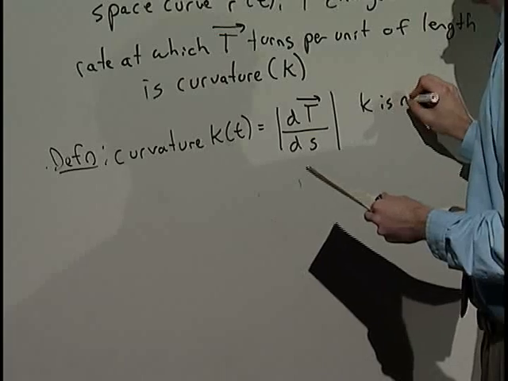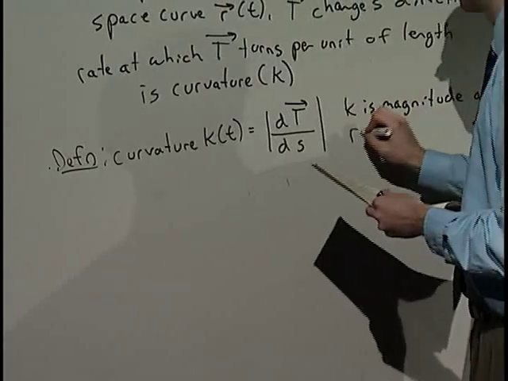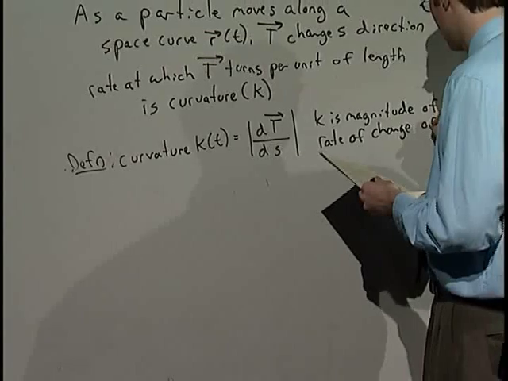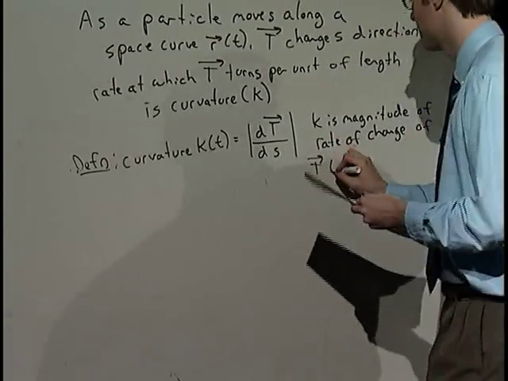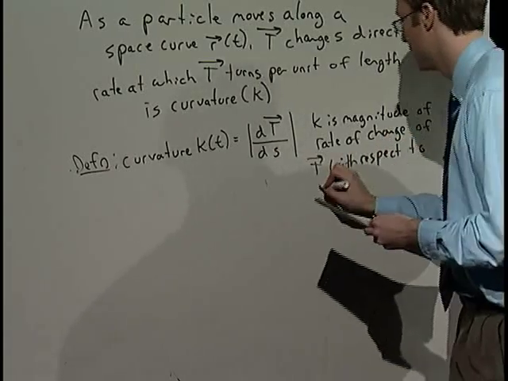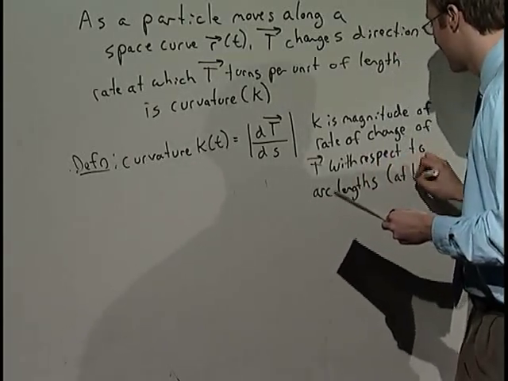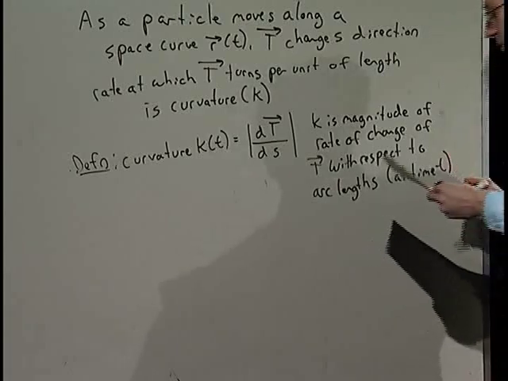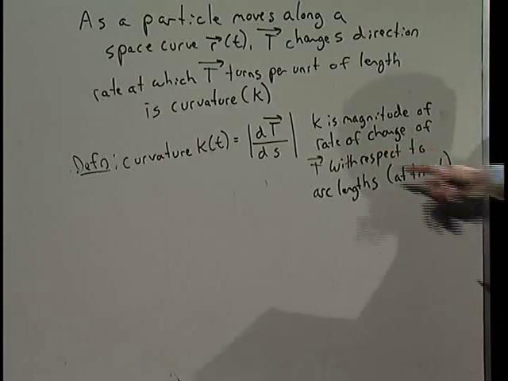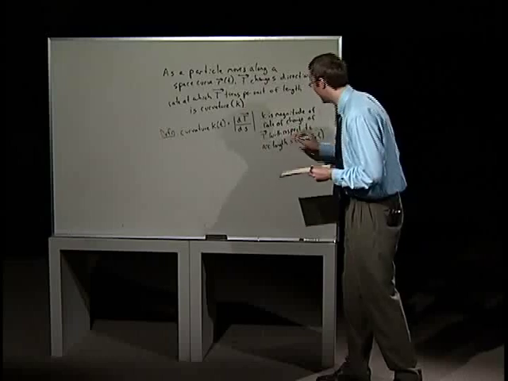Therefore, K is a magnitude, or a length, of the rate of change of T with respect to, remember S was arc length S at time t. Right? And so K is a length of the rate of change of T with respect to arc length S. That looks like it says arc length, but that should really be arc length S, like that.